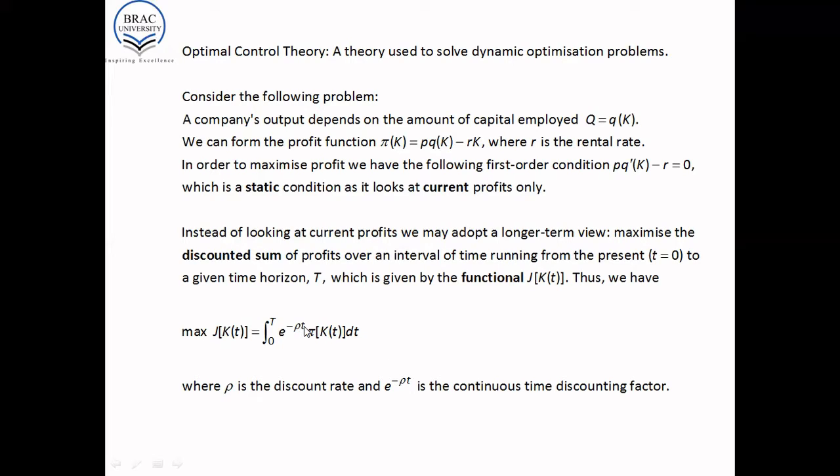And t is time. So e to the power minus rho t is a number with which we divide, or in this case, since we're multiplying it, we are actually dividing pi by e to the power rho t. And then we sum it over time 0 to capital T. So this is our discounted sum of profits.